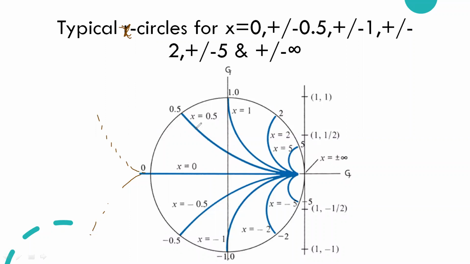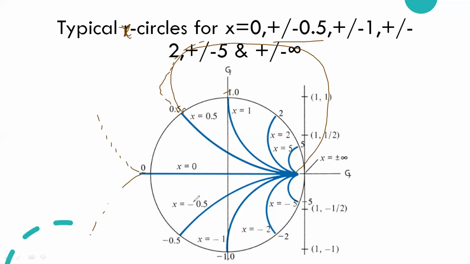The center can also exist for both plus or minus 0.5. For X equal to plus 1 by 2, the positive circle will be somewhere like this.